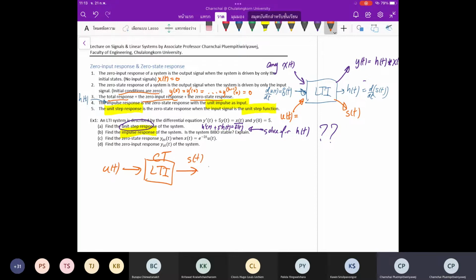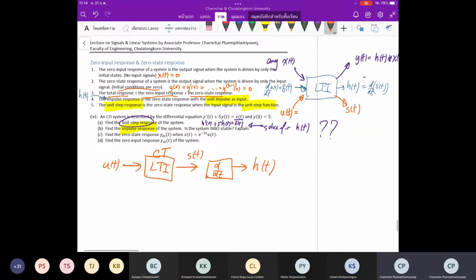Then we take the derivative with respect to t, and you will get h(t). We do it in two steps: find the unit step response, and then take its derivative to get the impulse response.